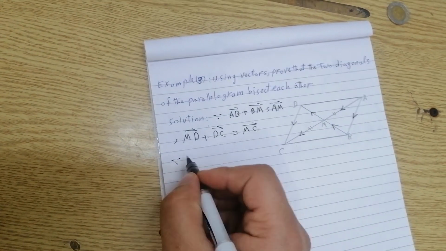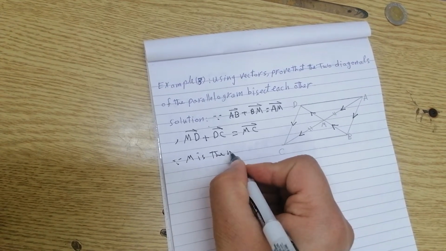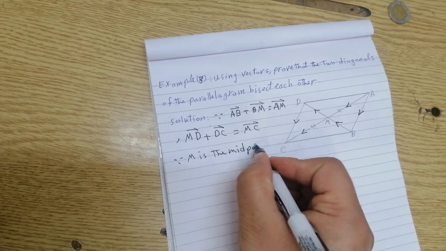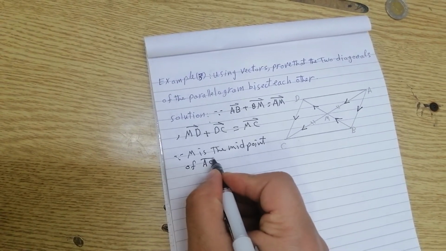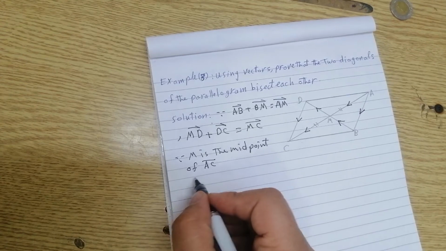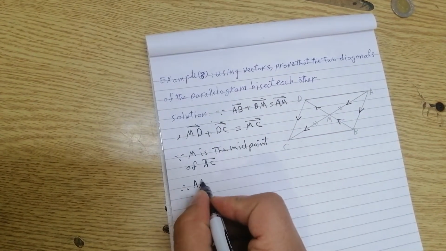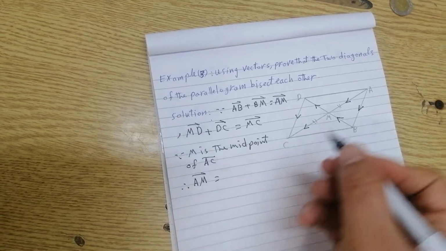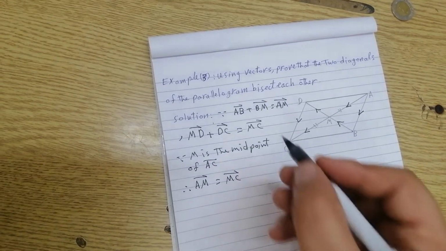And well, since M is the midpoint of AC by given, that means AM vector is equal to MC vector, which is here.